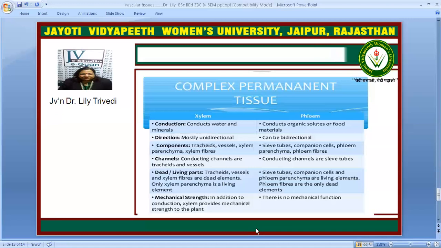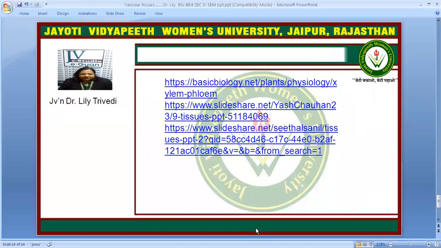The tracheids, vessels, and fibers are dead, whereas only xylem parenchyma is living. In phloem, sieve tubes, companion cells, and phloem parenchyma are living. Only phloem fibers are dead. The xylem provides mechanical strength also, whereas the phloem provides no mechanical function.